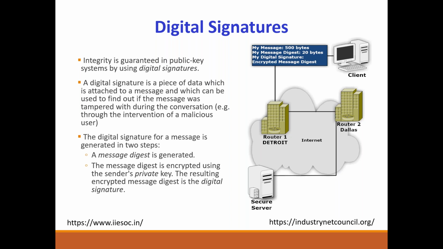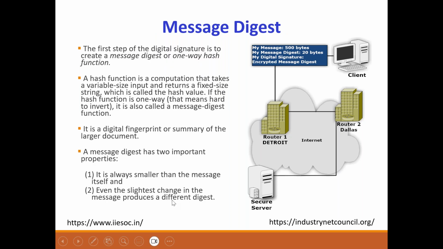So what you may want to do is just say, I'm signing this so that if you look at the message digest, you can see that this has not been tampered with. What you do first is a digest of the message, and then you encrypt that message digest using the private key. Then you have a digital signature.